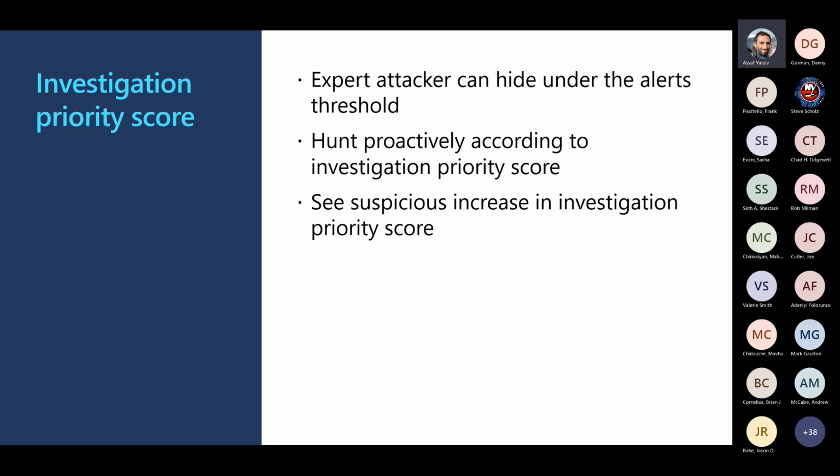But the investigation priority score is like a hint, the place where we recommend to start hunting cloud events. If there is something suspicious outside, of course, handle alerts, but aside from alerts, this is the place to go to.